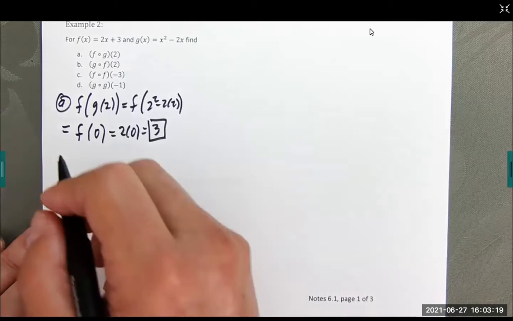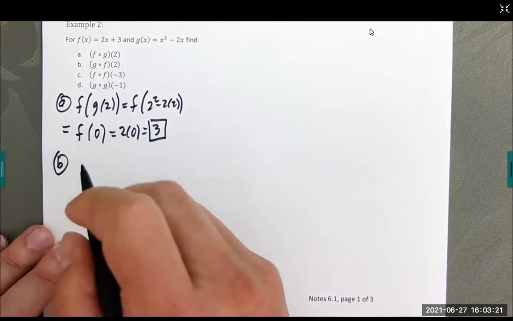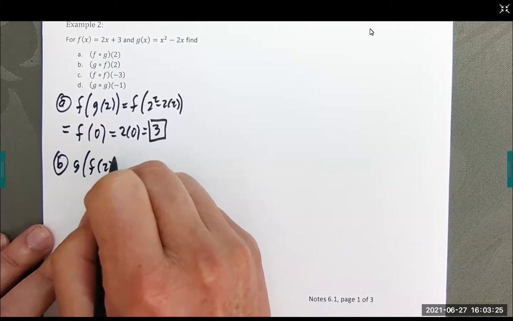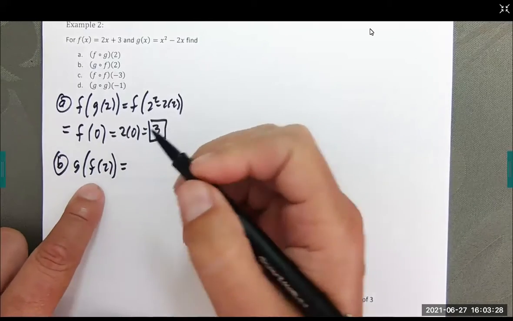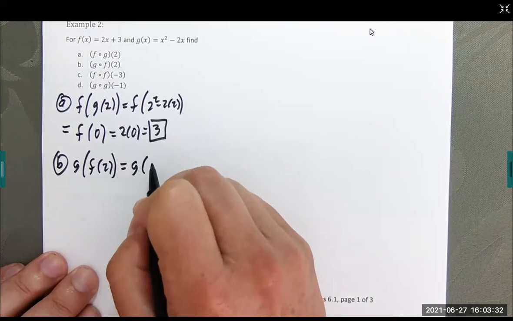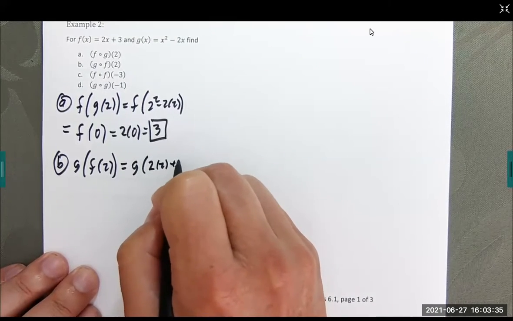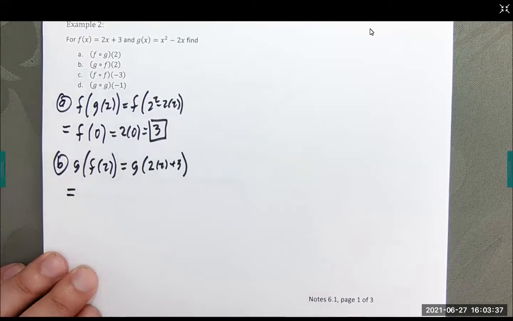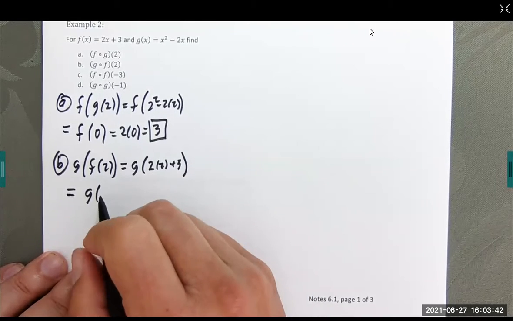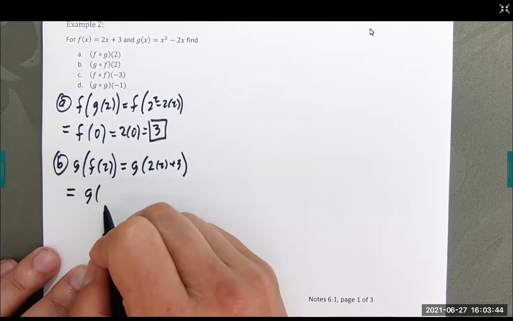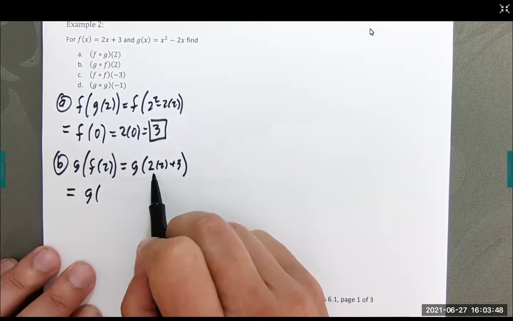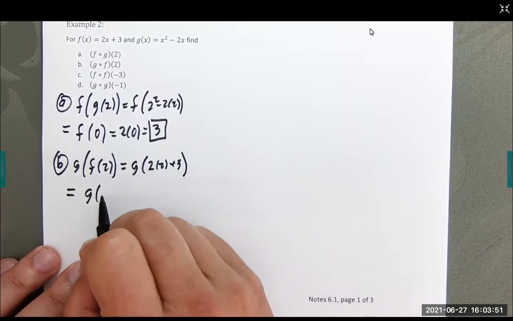All right, so let's do part B. This is now going to be g of f of 2. So I'm going to evaluate the function f when x equals 2. So g of 2 times 2 plus 3. This is going to be g of, that's 4, pardon me, 4 plus 3 is 7.